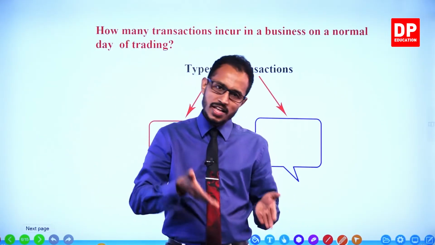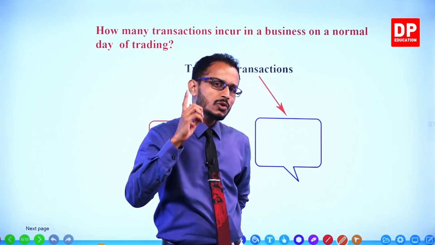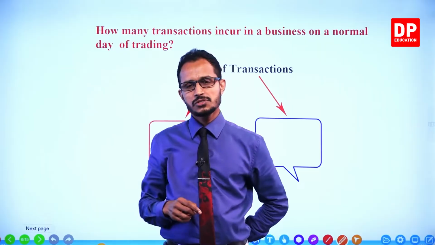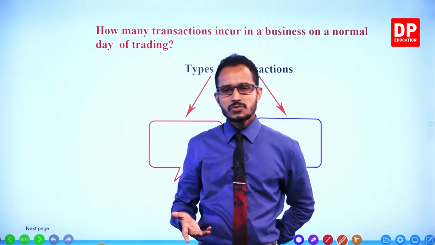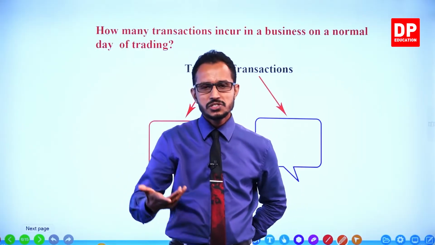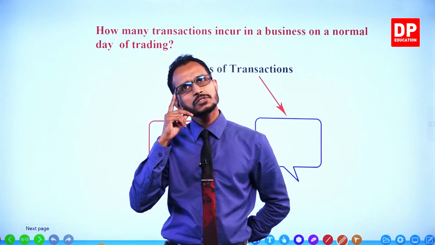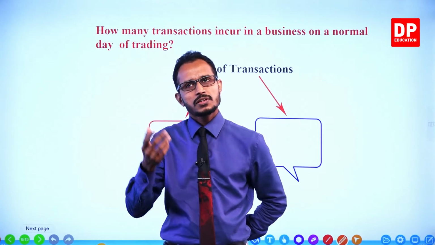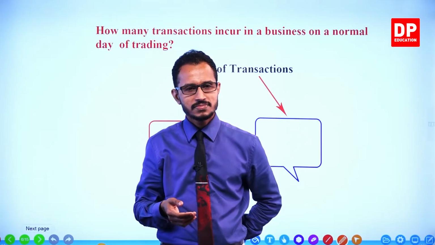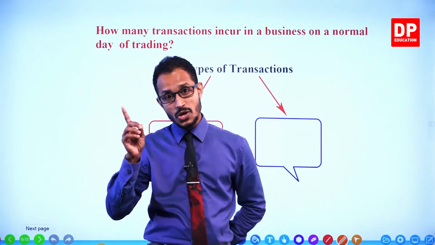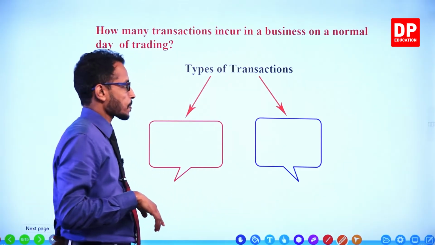You call them kade. That is a transaction of that business. But not only those are called transactions. Maybe some children think that transactions are those things which happen with customers. No, not only those are called transactions.